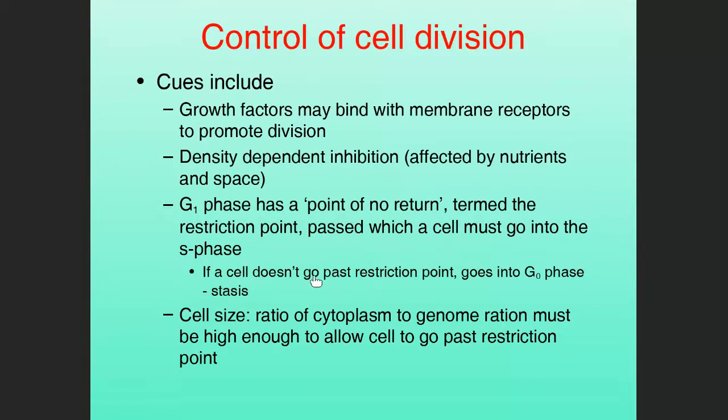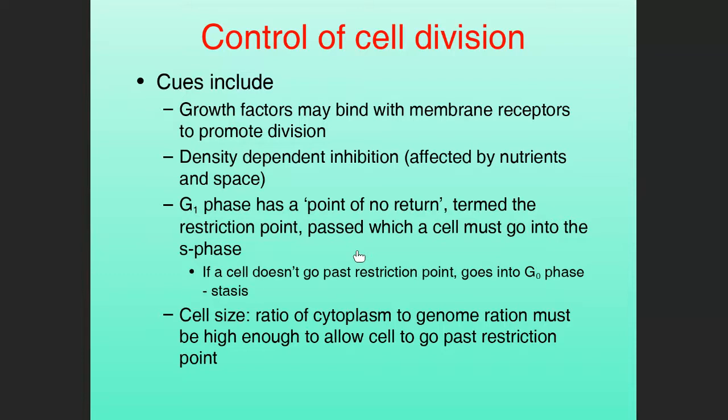So there are some checkpoints, as I told you previously, which they have to pass to qualify for the next stage. If the cell doesn't go past the restriction point, it goes into the G0 phase, in which it will not go for further division.